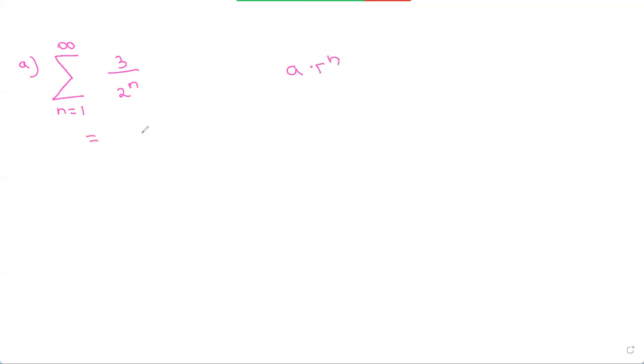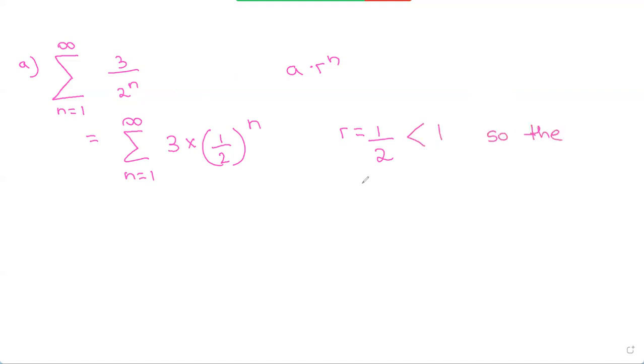We can write this as the sum from n equals 1 to infinity of 3 times 1 over 2, whole to the power of n. So now we have our a value, which is 3, and our r, which is 1 over 2. We know that 1 over 2 is less than 1, so the series converges.